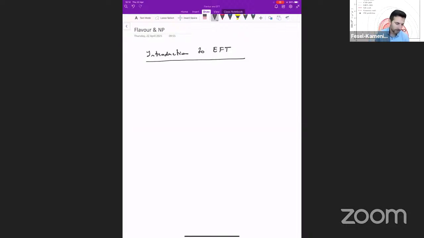Now, the issue that we want to address, as I already said, is that some calculations which are relevant for predicting measurements in low energy experiments can involve very disparate scales.